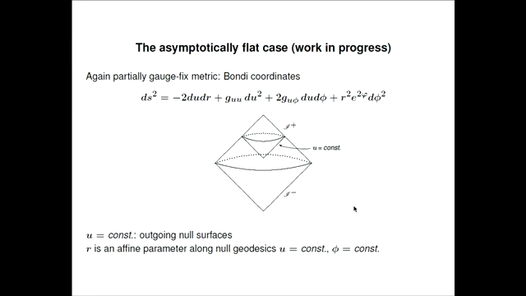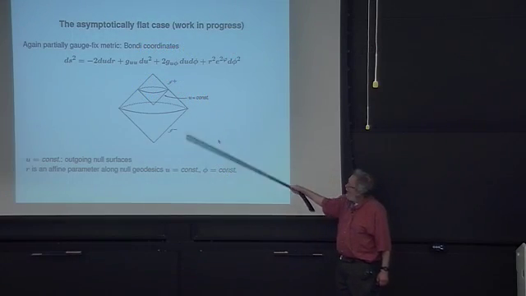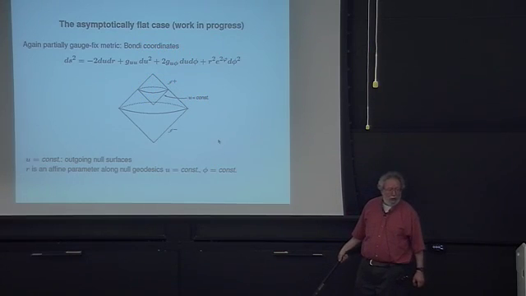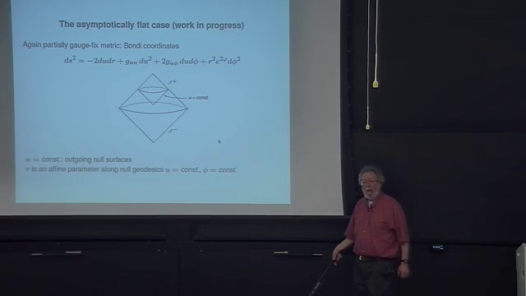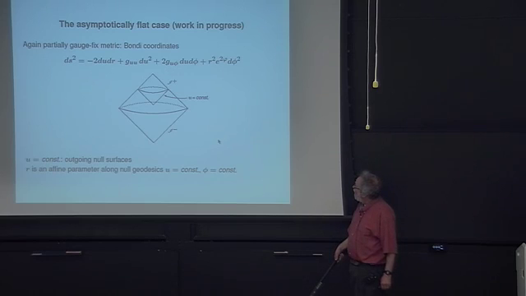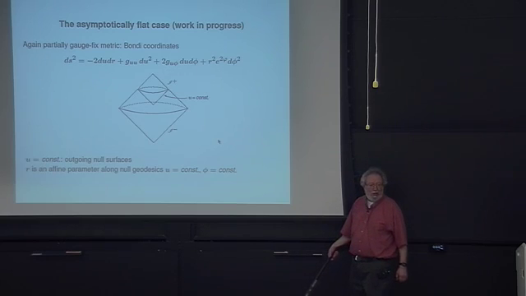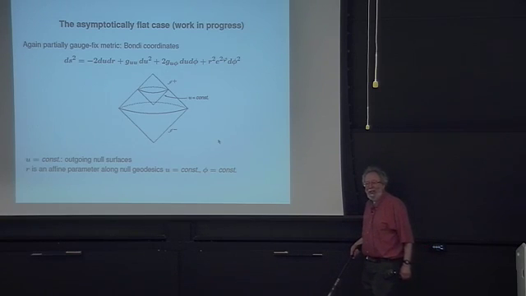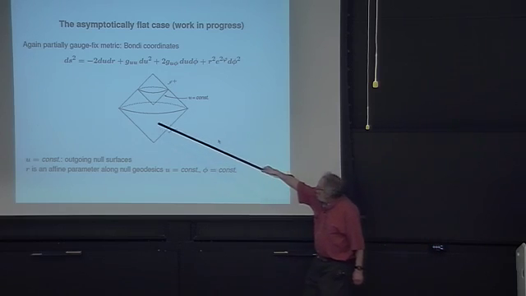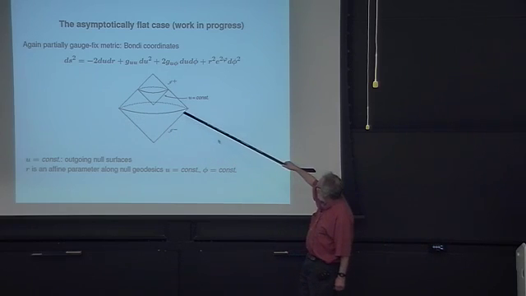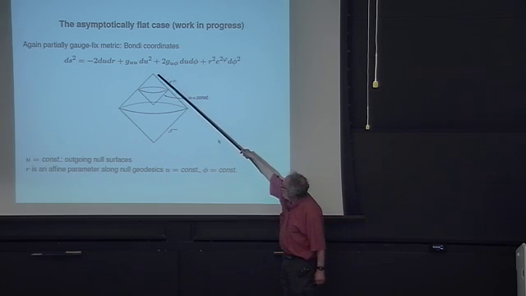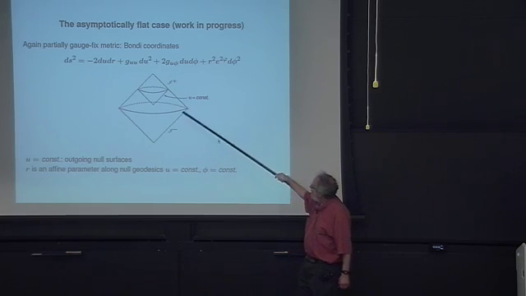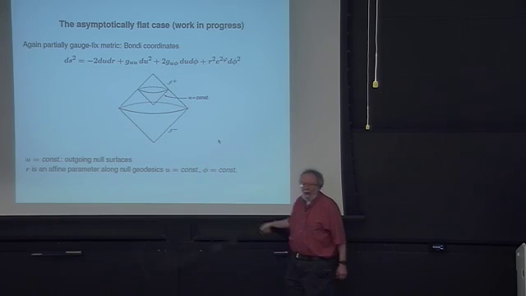So here's a picture of asymptotically flat space-time, or at least of the conformal compactification. One of the other advantages of working in 2+1 dimensions is that you can actually draw pictures that are reasonably accurate. So time slices are across here. This is null infinity, future null infinity, past null infinity.